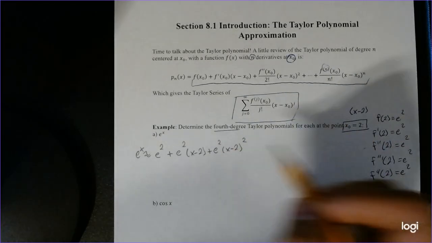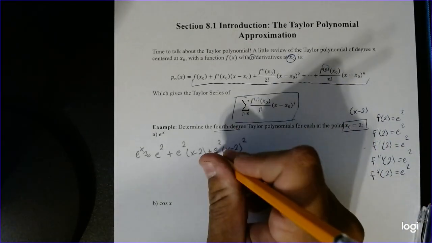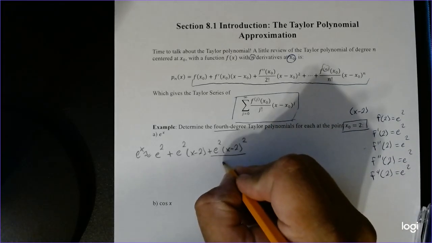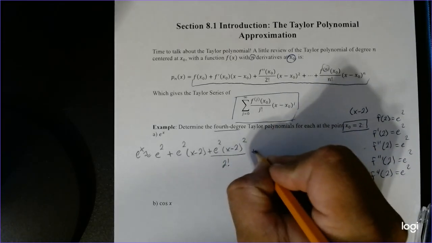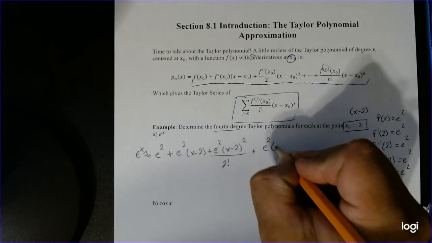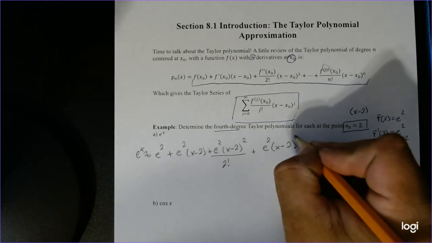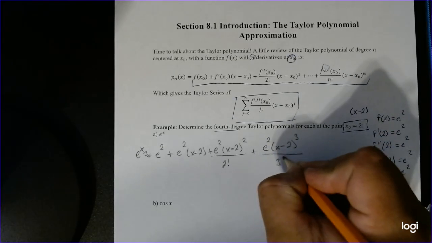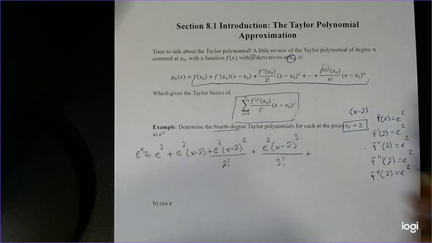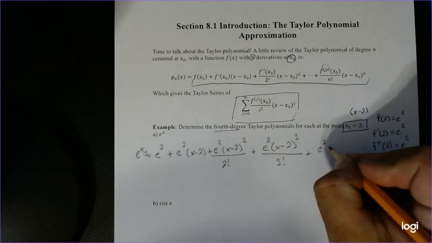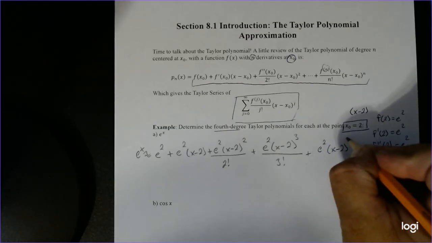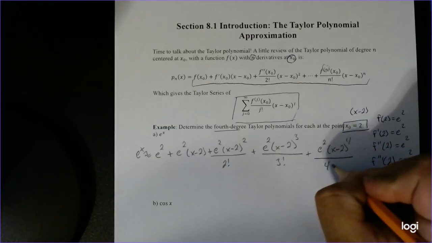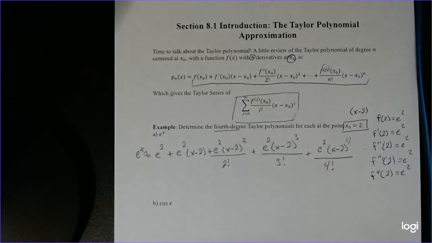So notice the derivative and the power are the same, divided by n factorial, so 2 factorial, plus the third derivative times x minus 2 to the power of 3 over 3 factorial, and then finally plus e squared times x minus 2 to the fourth power over 4 factorial. There we go.